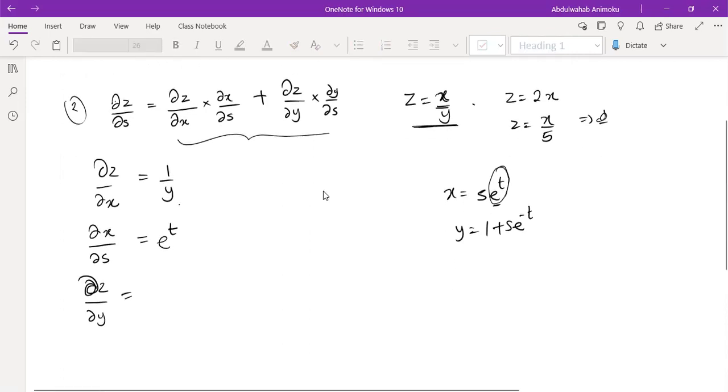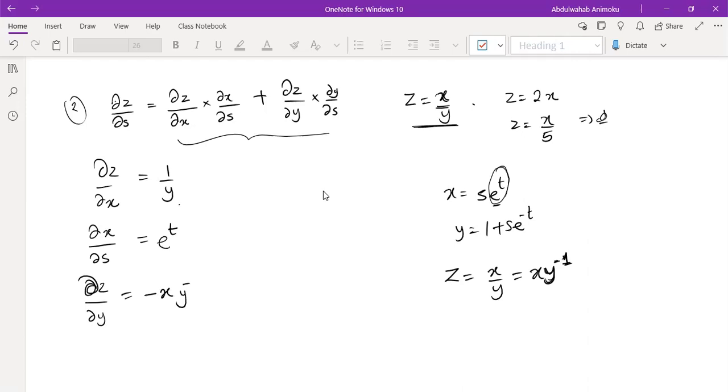Our z is x over y, and this can be written as x times y raised to power minus 1. This is just the derivative of a polynomial with negative power. So del z del y will be minus x y raised to power minus 2. We bring down the minus 1, then reduce the power by 1, which gives minus x over y squared. Perfect.